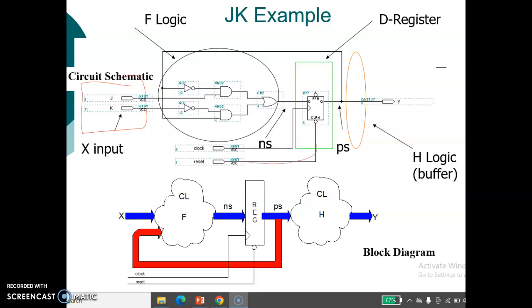What is this? Reset, for preset and for clear. Here NS, clock. This is the clock. Here this data comes out. This is the output. This place is actually a buffer.